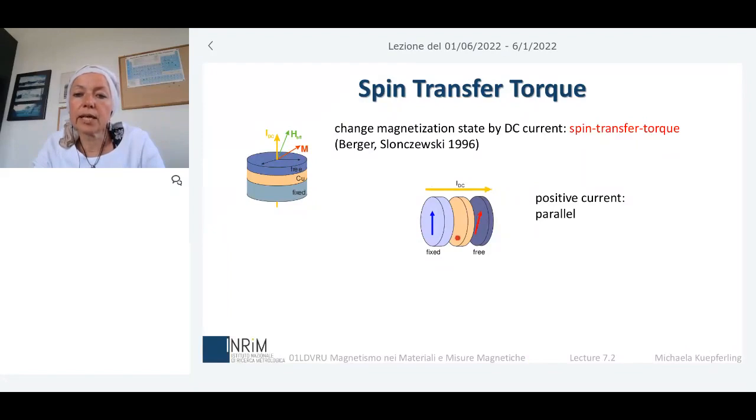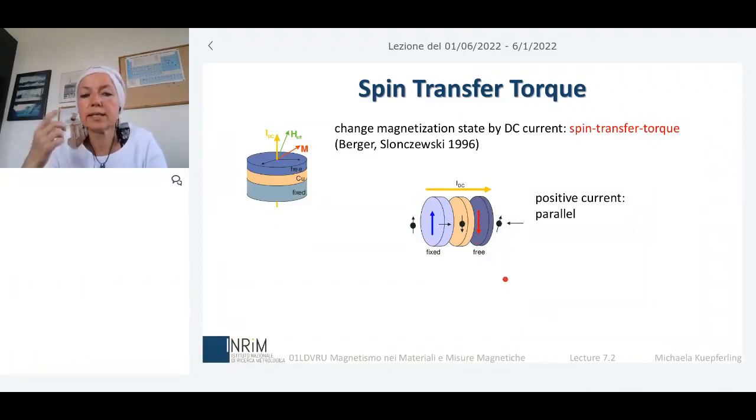On the other hand, we can change the current direction. We come now from the other side with the electrons. The electrons parallel to the fixed layer will move through, and the ones anti-parallel will be reflected by the fixed layer and then come back to the free layer. Again, we transfer the perpendicular component, and what happens is that the free layer will switch.